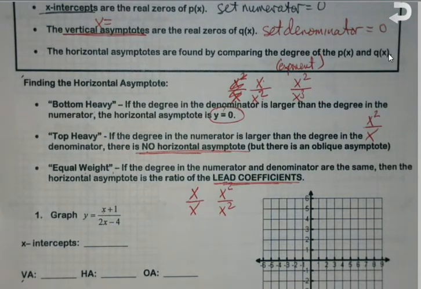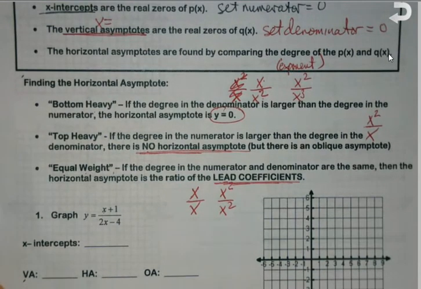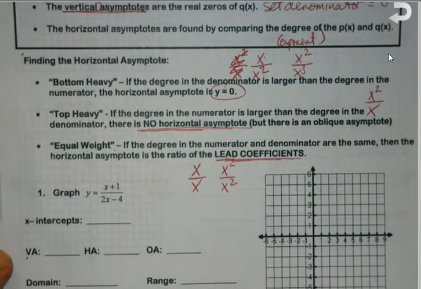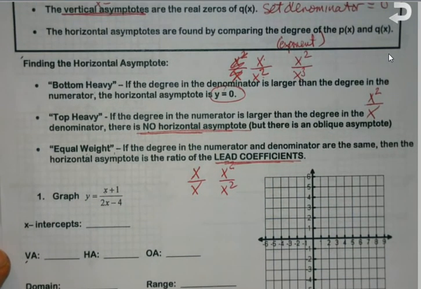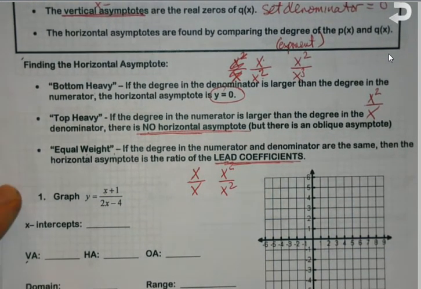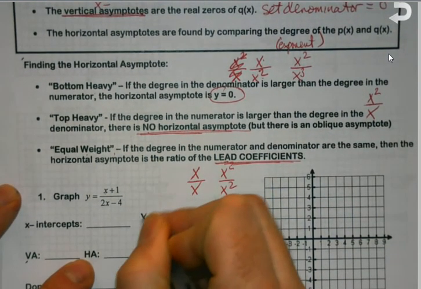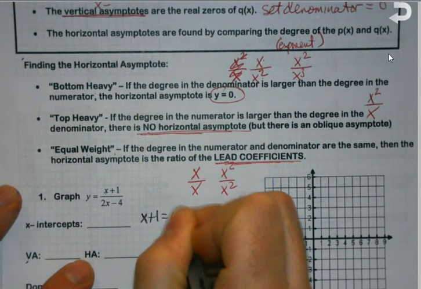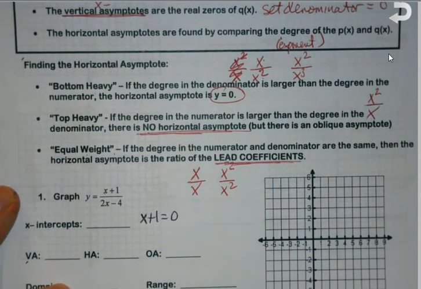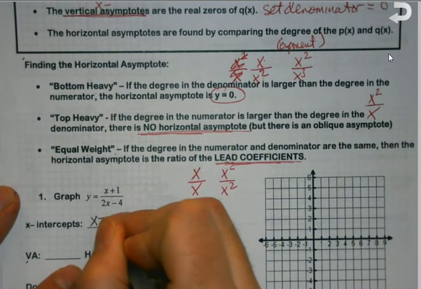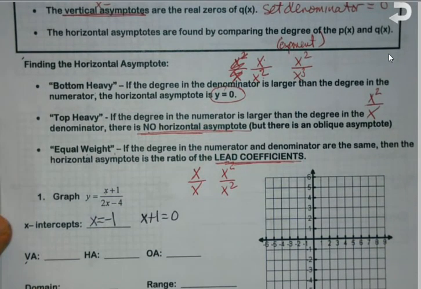So here's how this will work. We're just going to do some basics here. X-intercept, if we look up, we'll set the numerator equal to 0. So if my x-intercept, I just set x plus 1 equal to 0, I have an x-intercept at -1.